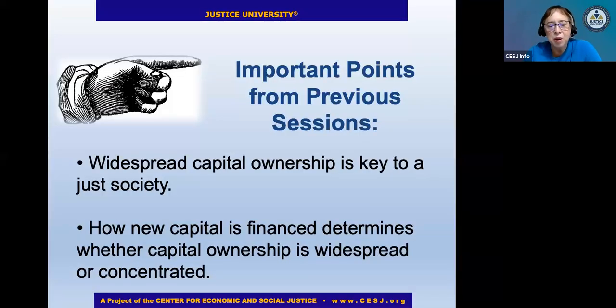So we also talked about how the system must spread capital ownership to each person. Without that, you can't have a truly free market system and you can't have a just society. So we discussed the reasons why Kelso and Adler drew a connection between economic democracy and political democracy.